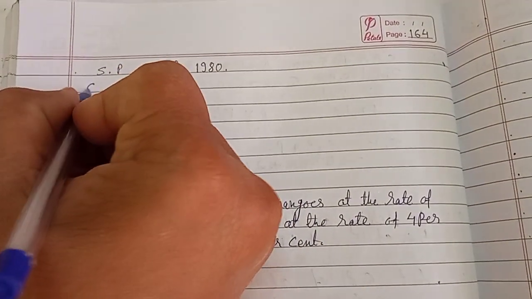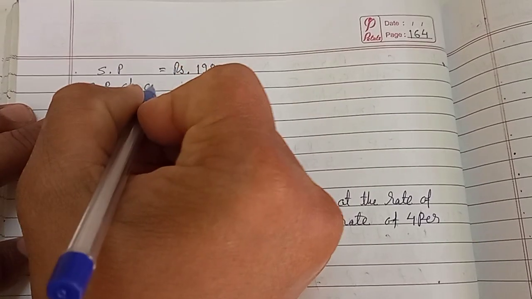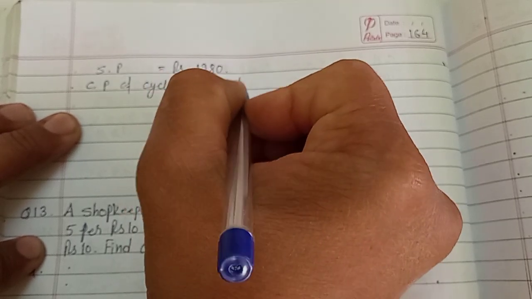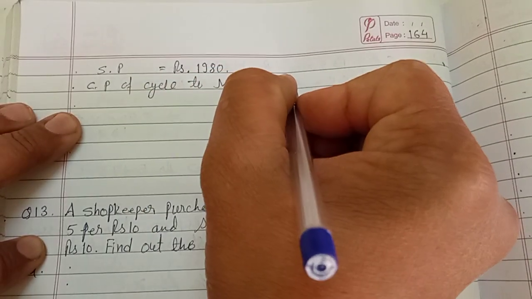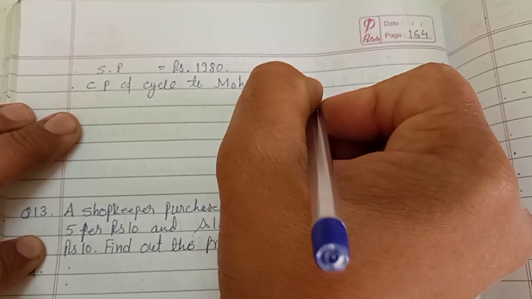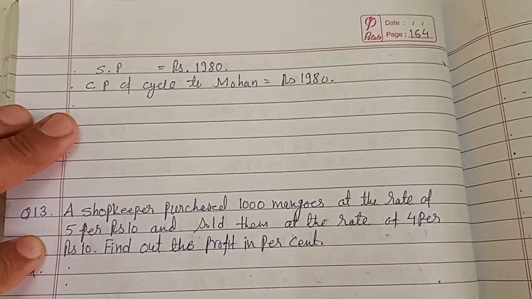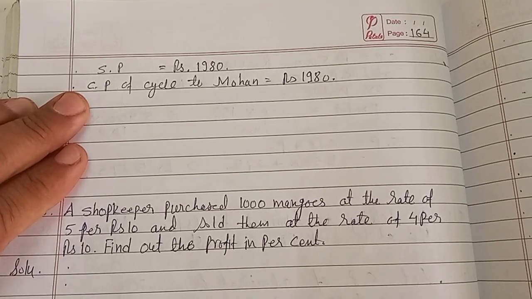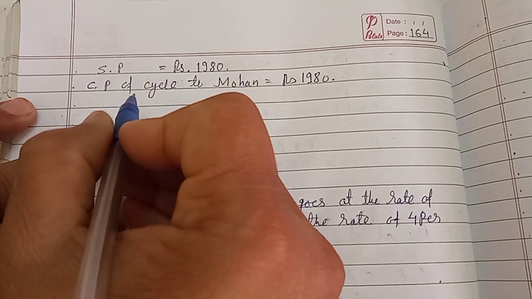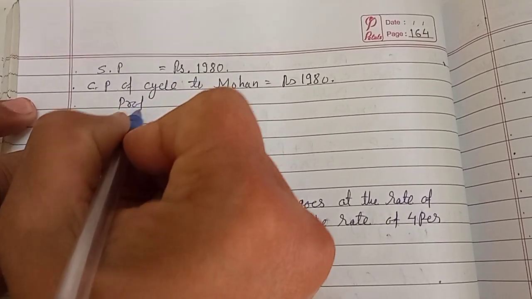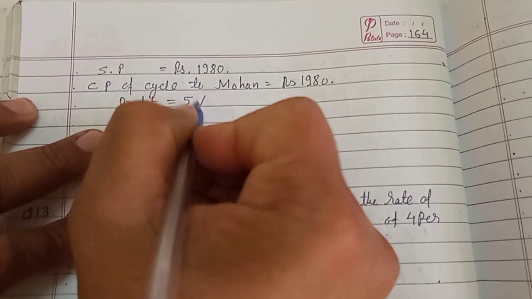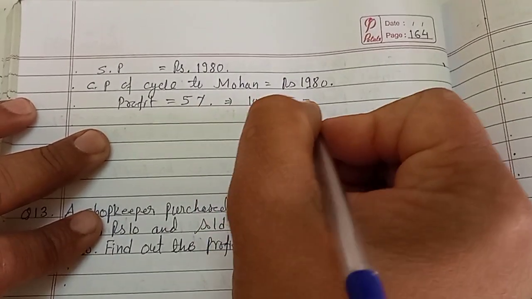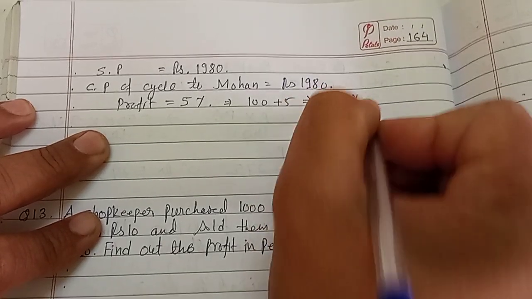Now the cost price of the cycle to the second person, Mohan, is rupees 1980. Now what is the profit? The profit is 5%. That means 100 plus 5, that is 105%.